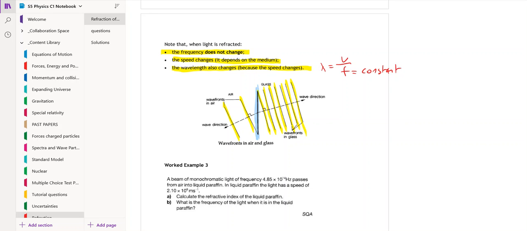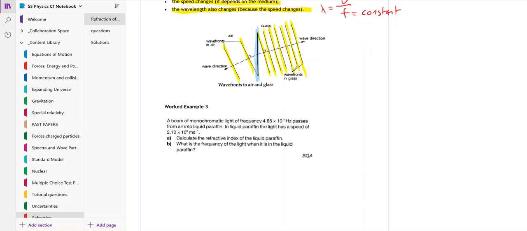Okay, and we're going to have a look at an example here, which is typical of the question you might expect to see in a test. A beam of monochromatic light of frequency 4.85 times 10 to the 14 hertz passes from air into liquid paraffin. So it's going from air into paraffin, air giving us n1, paraffin giving us n2.